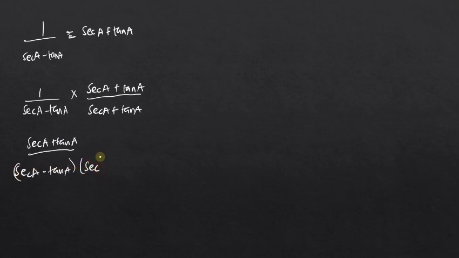So this will give us sec a plus tan a, there's a plus here, all over sec squared a, because the bottom is now a difference of two squares, minus tan squared a. And then if you remember, we talked about the trigonometric identities, right? I think the second one.